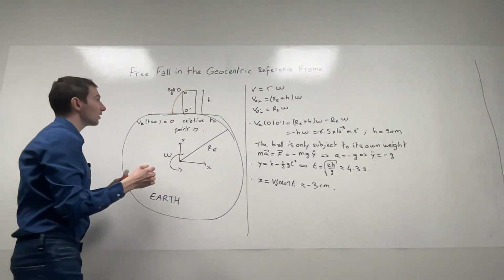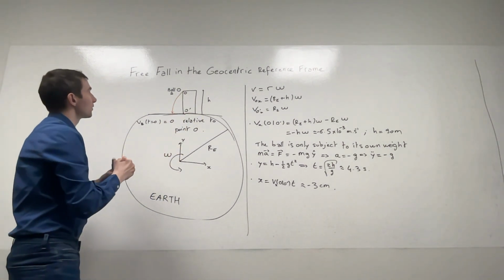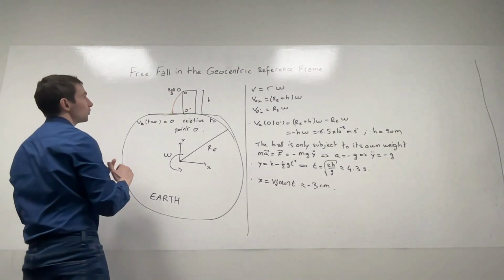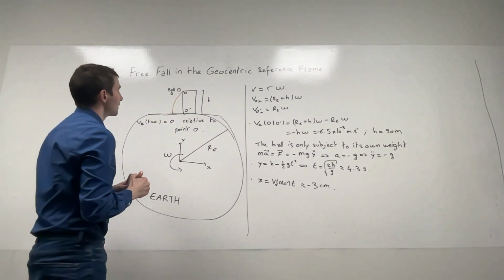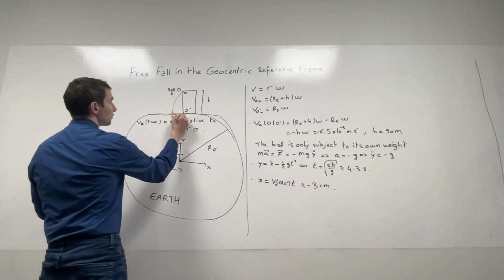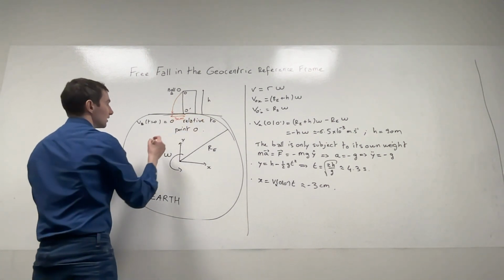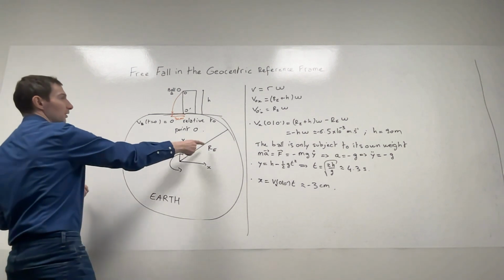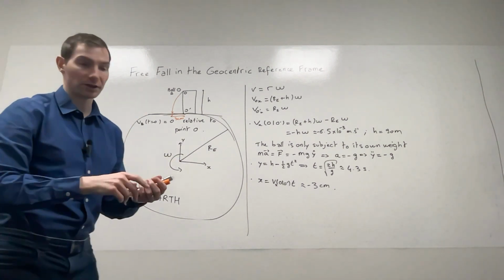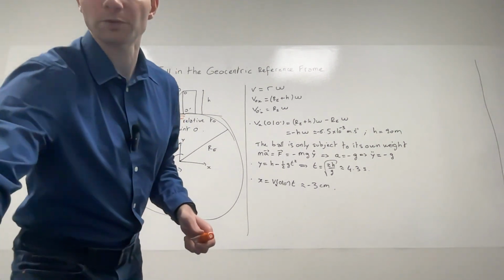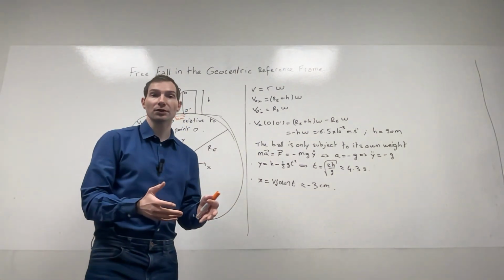Remember that at no point, so that's the ball here that I'm dropping, I should have actually put something like this, and the value you're going to find here for this particular thing is 3 centimeters. And again, it goes in the direction of rotation of the Earth. So usually that's what people call the eastward deviation.